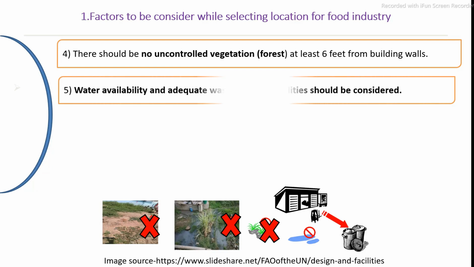Then water availability or sources of water: whatever quantity is required should be supplied each day, and an adequate waste disposal facility should be considered.